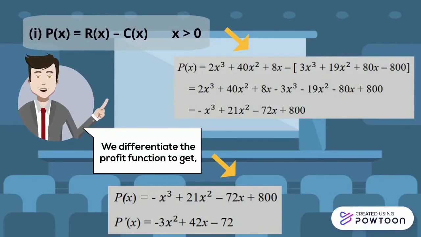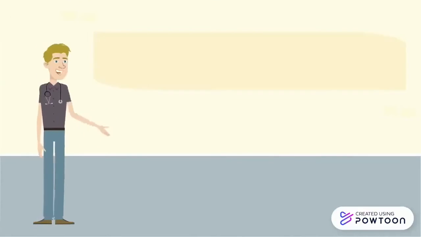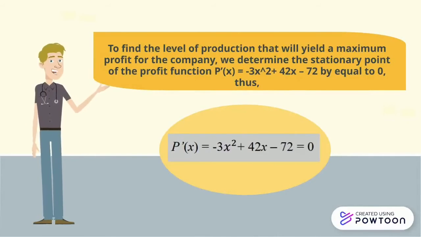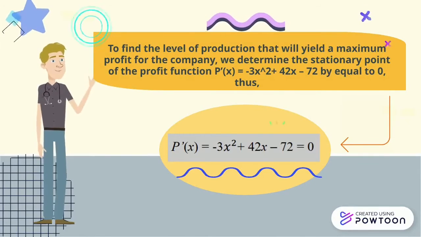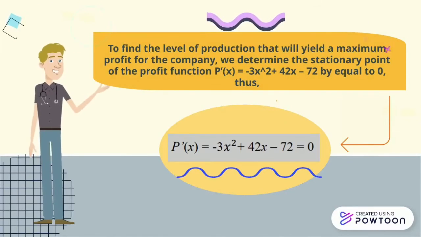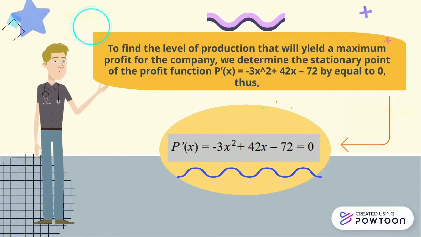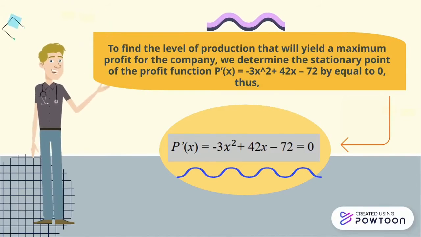Then we differentiate the profit function to get negative 3x squared plus 42x minus 72. To find the level of production that will yield a maximum profit for the company, we determine the stationary point of the profit function, which is P prime of x equals negative 3x squared plus 42x minus 72, set equal to 0.